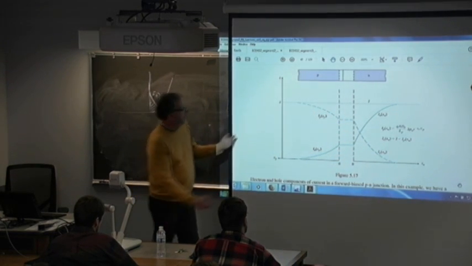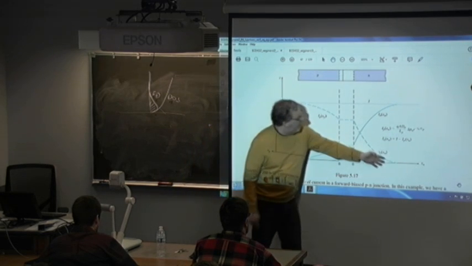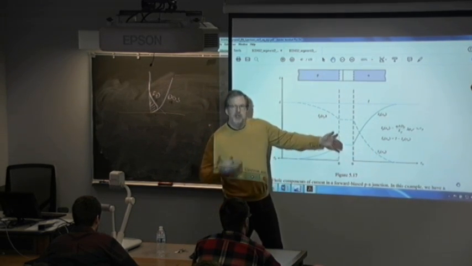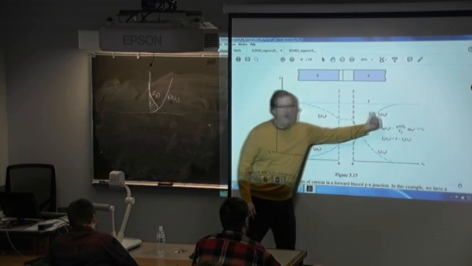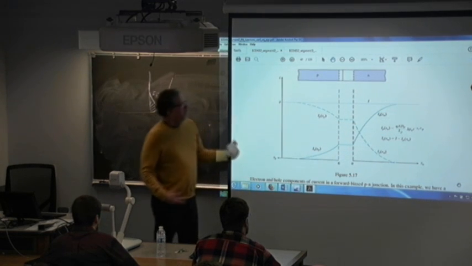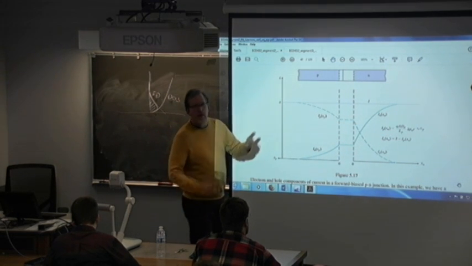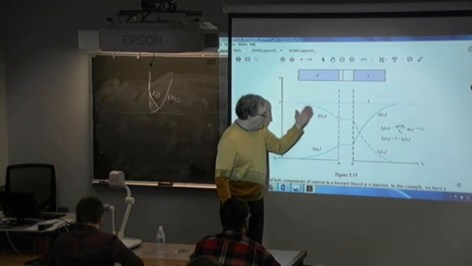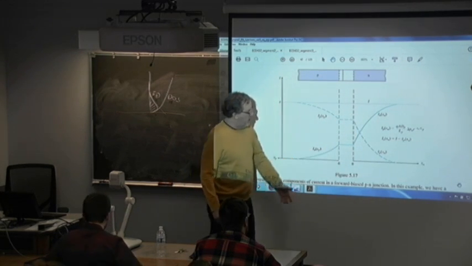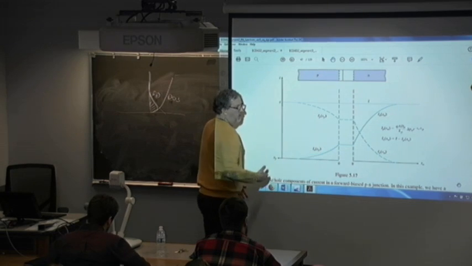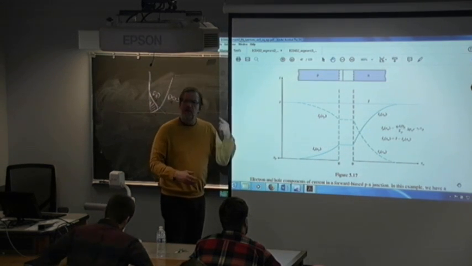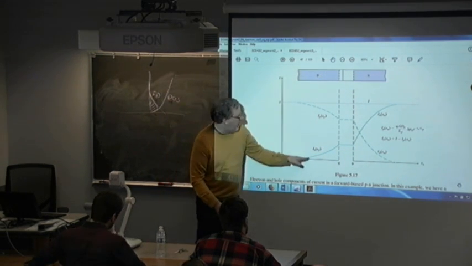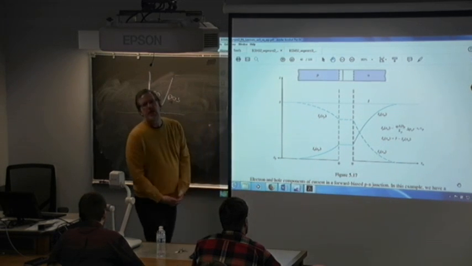Well, the holes coming in this way are being taken up by the electrons coming this way. It's a bipolar device in that I have both hole current and electron current, and the summation of them is constant. So as you add these together, I get constant current across the junction.